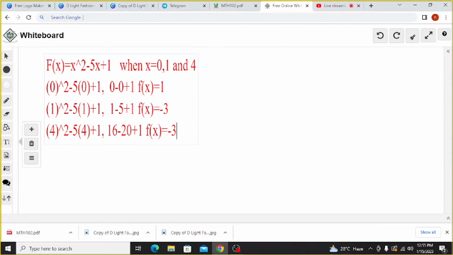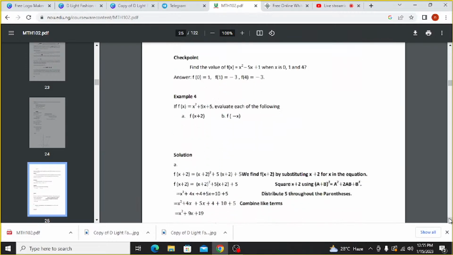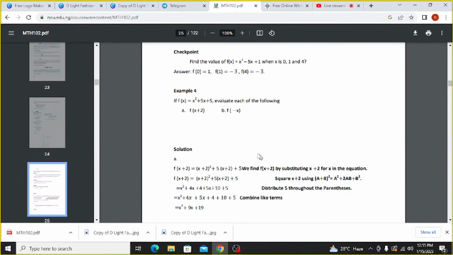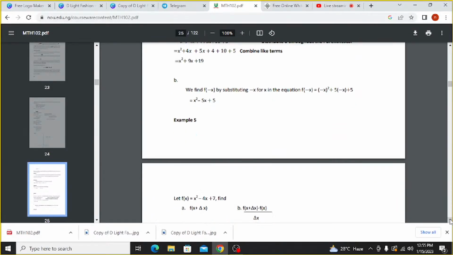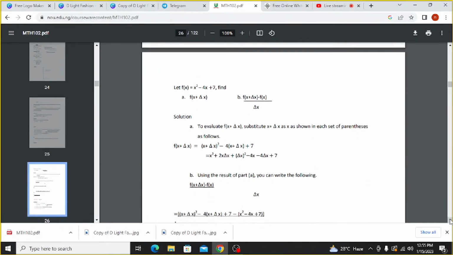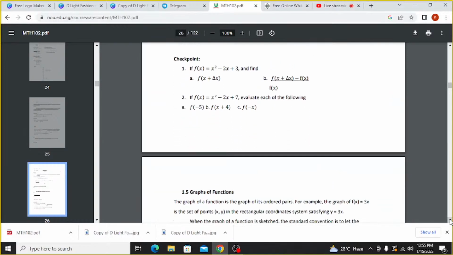So that is how to solve our notation. You can use this to find the value. We just input the value into the equation. So that is how to find our notation.